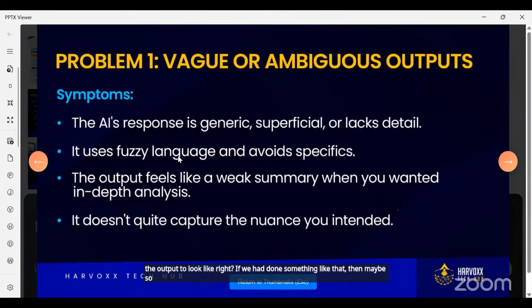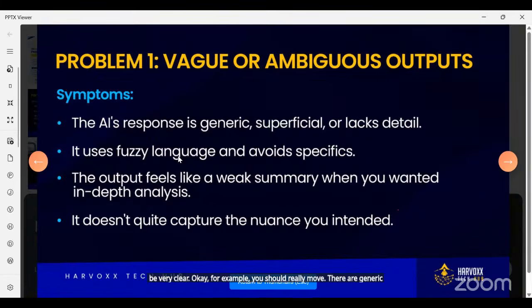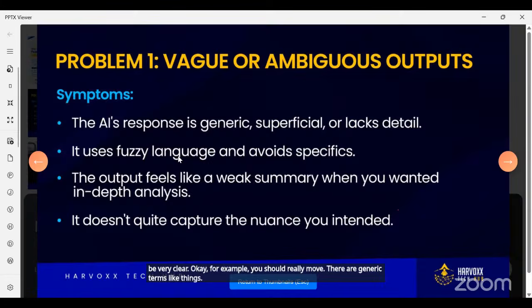So when you see the symptoms, you have to also look at what could have caused it, all right? So you can now begin to say, okay, should we increase the specificity? Should we be very clear? For example, should we remove generic terms like things, stuff, analyze?